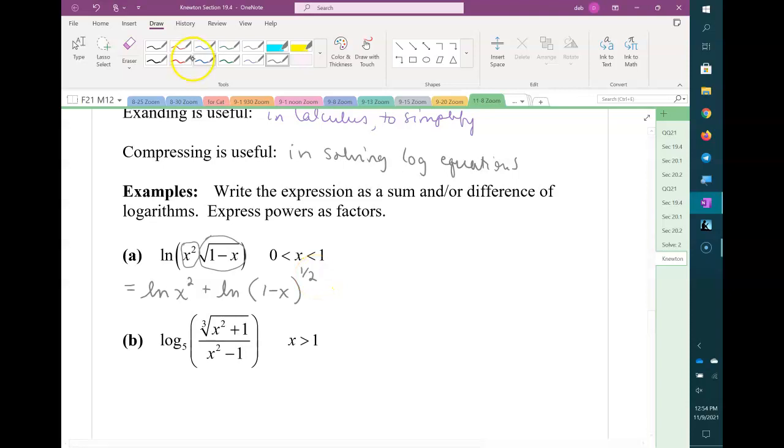If we can rewrite our expression to have a power in it, then we can simplify it by having the exponents come down in front. So I'll have 2 times the ln of x plus 1/2 times the ln of 1 minus x. In calculus, the given term would be horrible to try and do calculus with, and this rewrite is so easy.